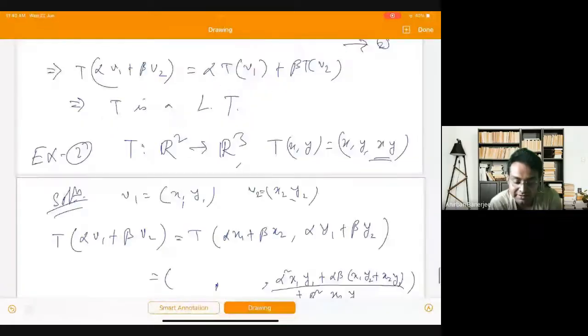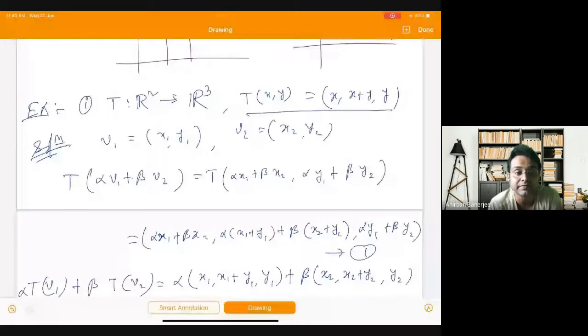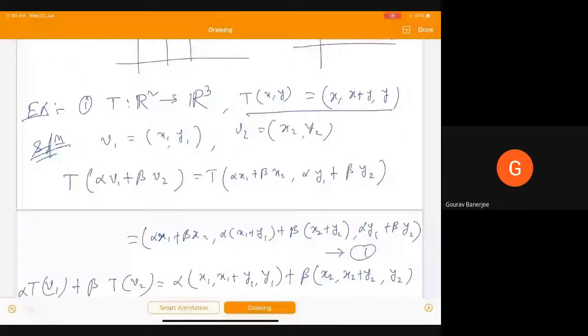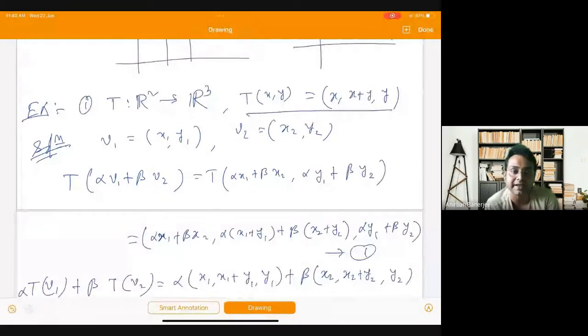It's changing. So, for example, you take any example, let's say 1. It's from the 2D space to 3D space, right? For example, here T of x comma y goes to x comma x plus y comma y. So also, the dimension changed.